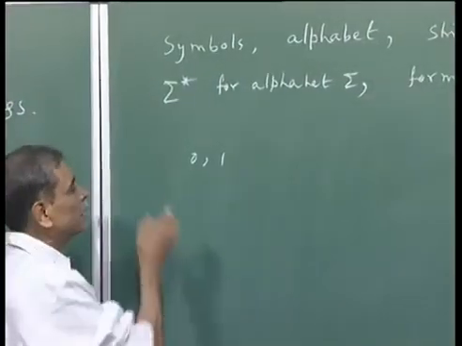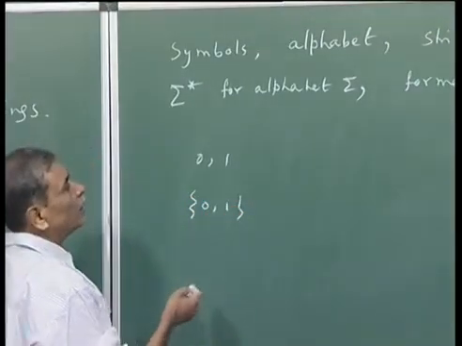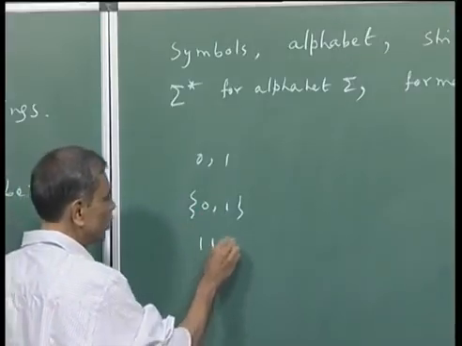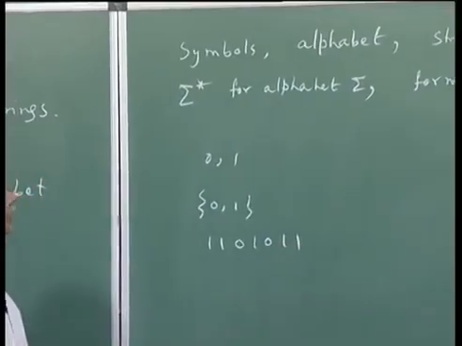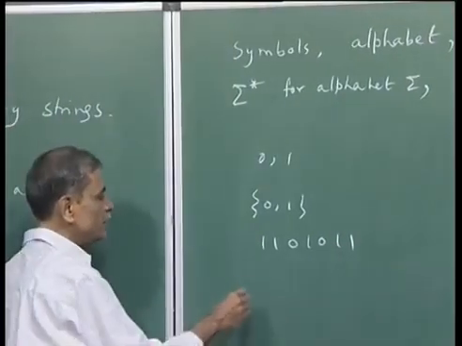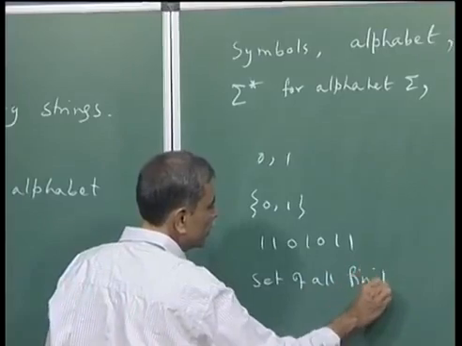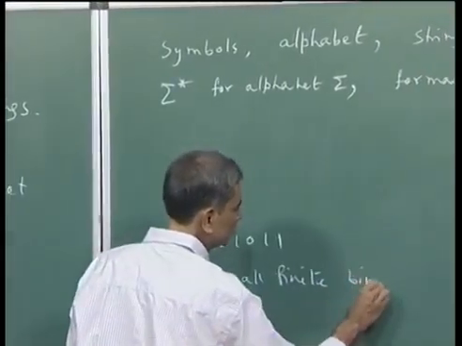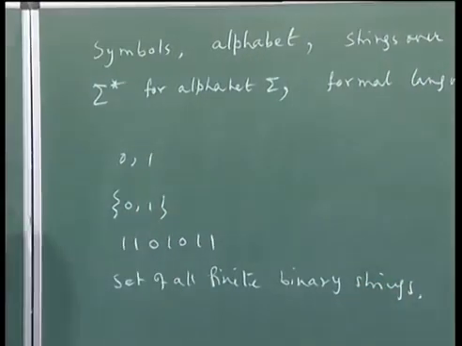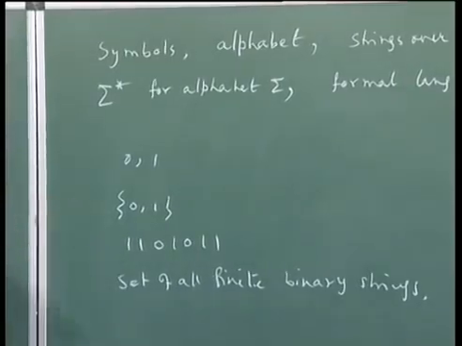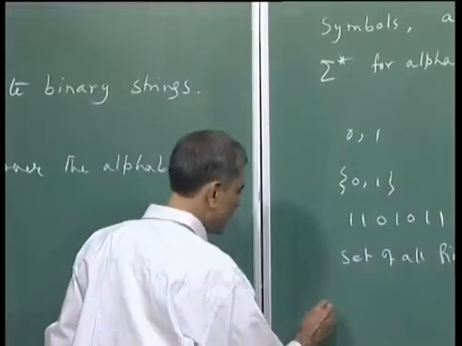So very quickly, symbols are like 0, 1, these are symbols. An alphabet is a set of symbols. A string over this alphabet is, for example, 1, 1, 0, 1, 0, 1, 1. Sigma star over this alphabet is the set of all finite binary strings. And a formal language over this alphabet is just a subset of sigma star.